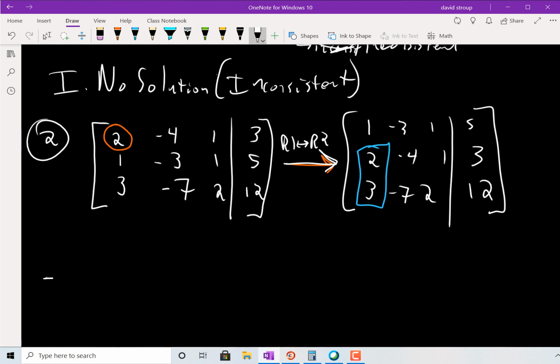So what am I doing? -2, row 1 plus row 2, and then -3, row 1 plus row 3. So row 1 is not changing.